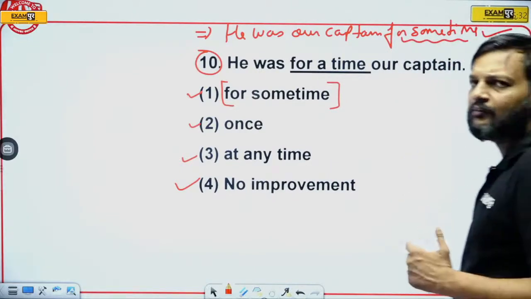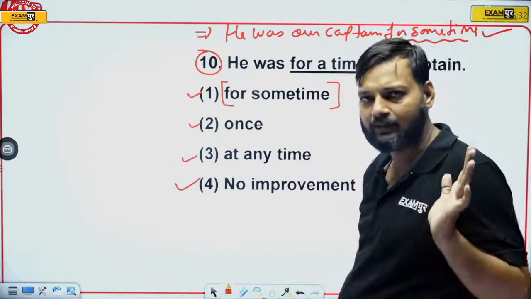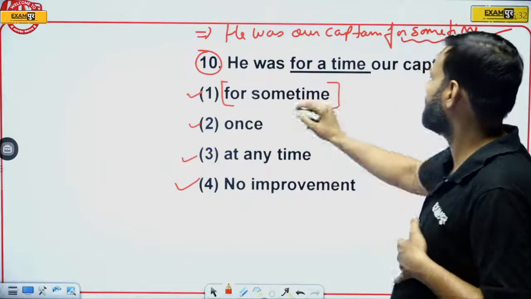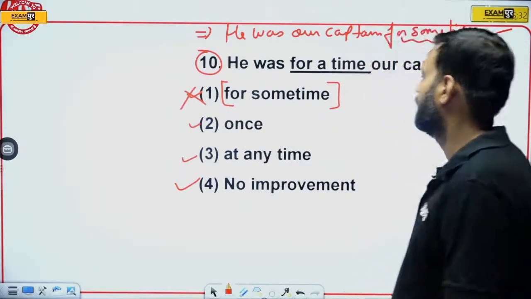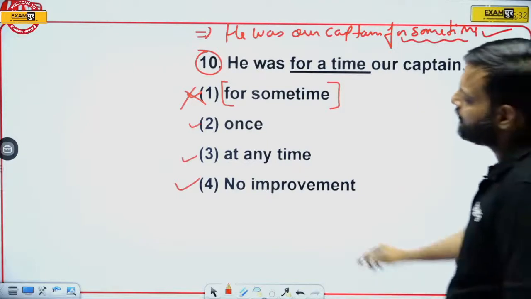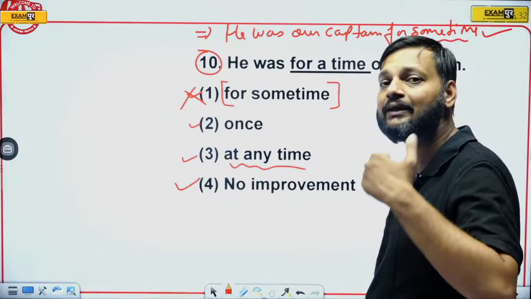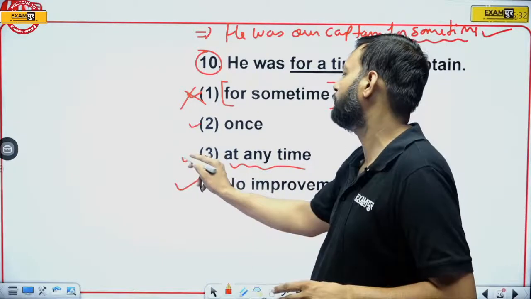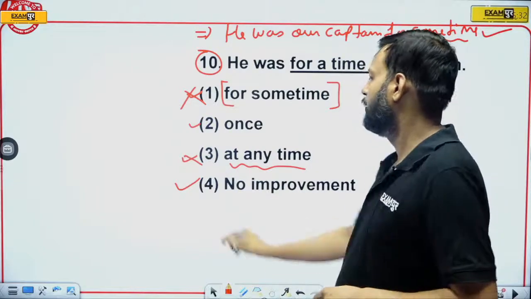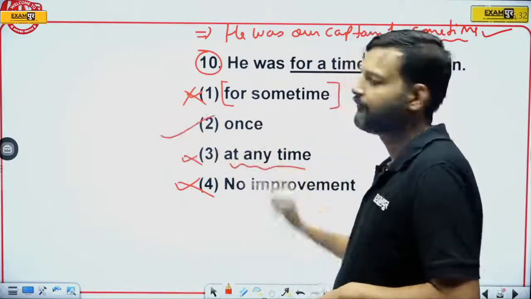But for sometimes can be at the end of the sentence, and in the middle it cannot be there, so this cannot be the answer. Now at any time, the same is the case. At any time should also be at the end. In the middle it cannot be there. So this too cannot be the answer. No improvement is not the answer. The right answer is once.